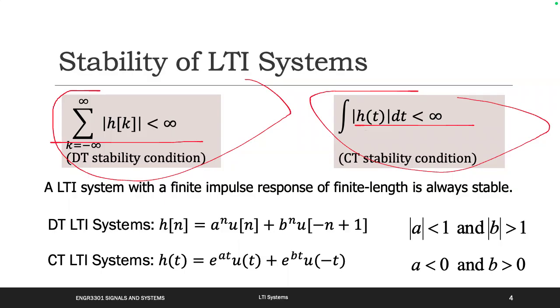Okay, and then I just want to talk about why we focus on this. Last class we talked about causality and stability, and at the beginning of this class we talked about why we want to focus on the stability and causality of LTI systems.